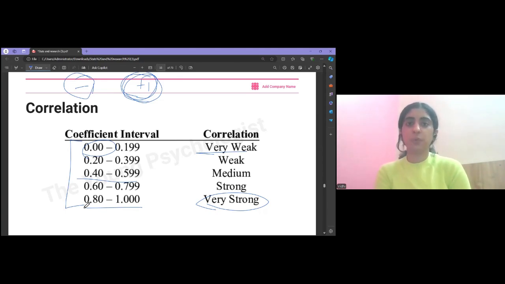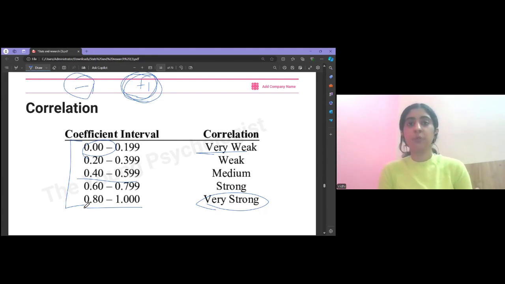I have seen multiple MCQs which give these examples, and then you have to choose the strongest correlation. This reminds me of a question from CUET PG 2023, where they had given four correlation coefficients in the options, and we had to choose which one was the strongest. The options were something like 0.5, 0.8, -0.9, or 0.4.